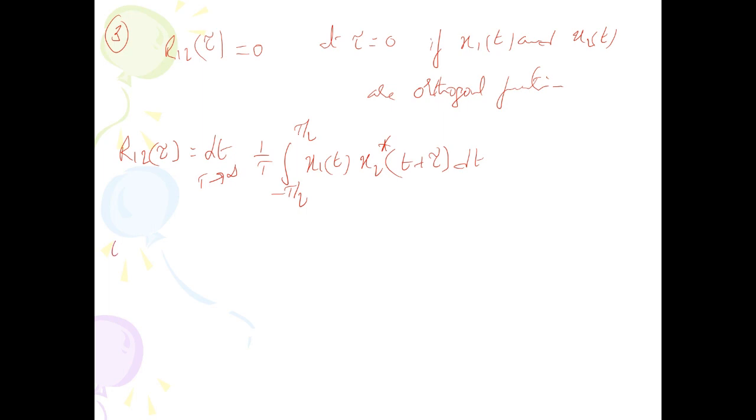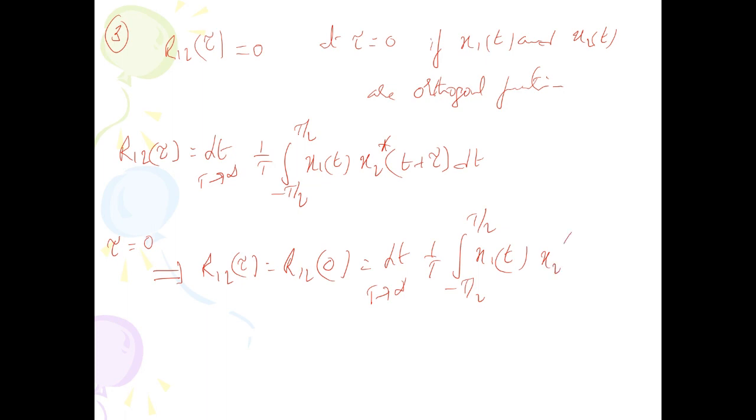By substituting tau equal to 0, R12 of 0 is limit T tends to infinity 1 by T integral minus T by 2 to T by 2 x1 of t and x2 star of t dt.